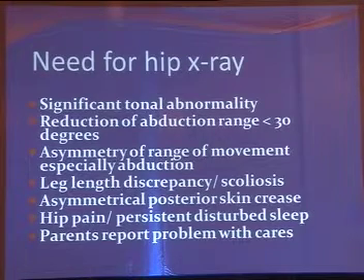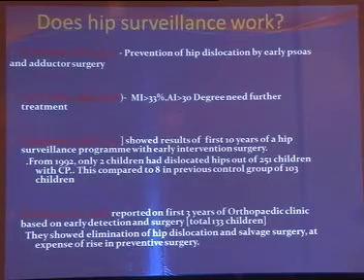Because in this type of children, dislocation surgery is a very major surgery with a lot of complications. So there is a need for a hip X-ray once yearly to check the hips of those who are grade 3, 4, 5. Does hip surveillance work? It has been studied in detail.